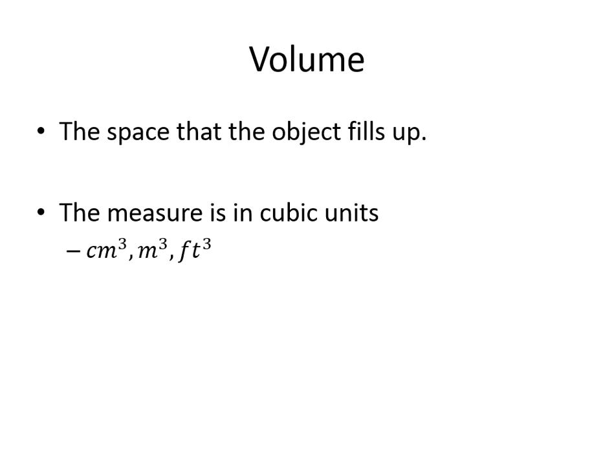How many of those will fit into this object is kind of what we're going with here. And so that's how we're getting our cubic units: centimeters cubed, meters cubed, feet cubed. If you want to look at centimeters cubed, you go, okay, if I have a 1 centimeter by 1 centimeter by 1 centimeter cube, what is the shape that's being formed? That's kind of what we're doing with volume. It's the space which it takes up.